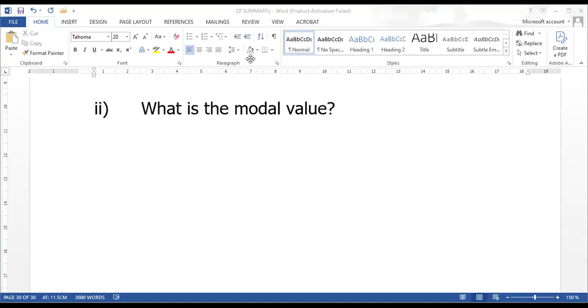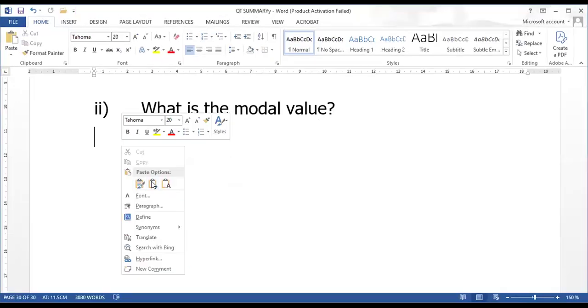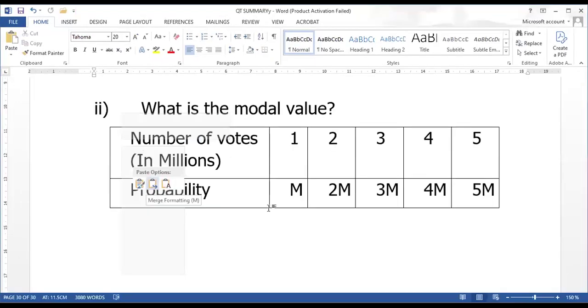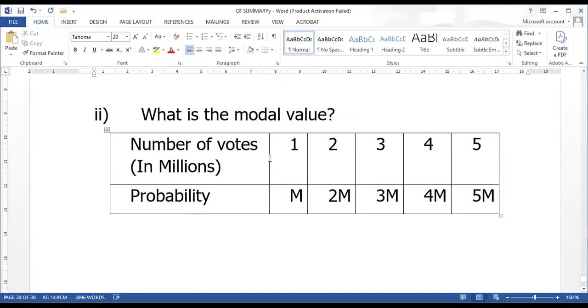So when you look at the question, we have this table, and since we are looking for the modal value, we already have our m.